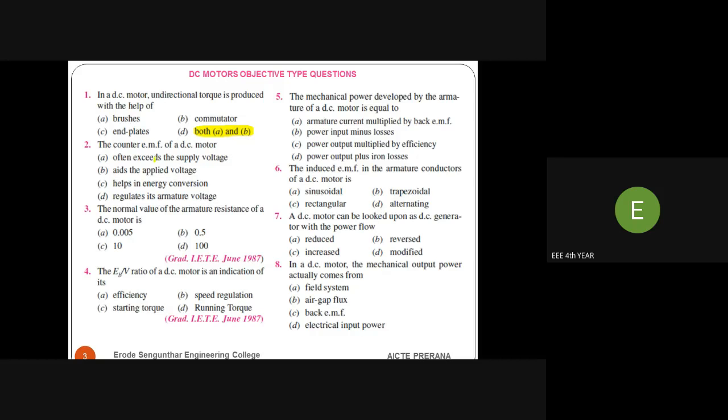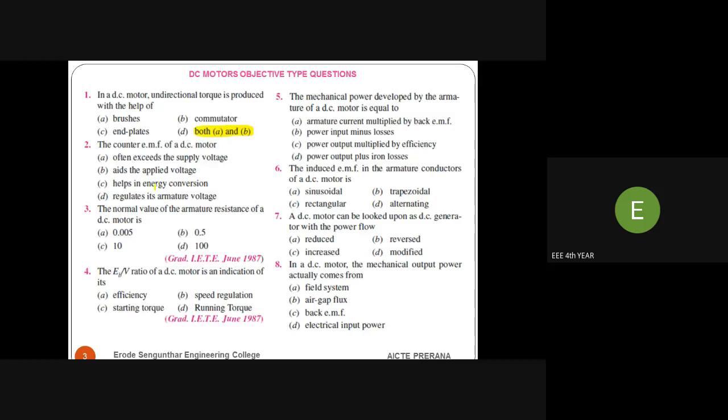Definitely it cannot exceed the supply voltage. So option A is not the correct answer, and aids the applied voltage is also not correct. It helps in the energy conversion process, so it is exactly the correct answer for the question. The counter EMF or back EMF of a DC motor helps the energy conversion process, because a DC motor converts electrical power into mechanical power.